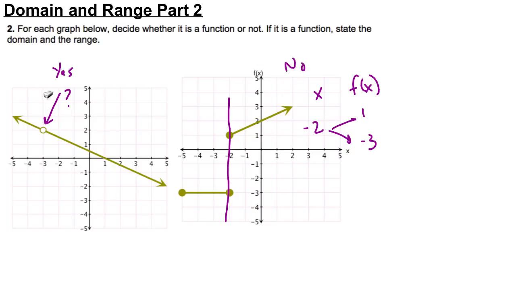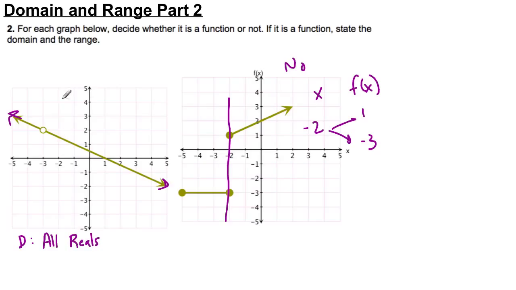Okay, so let's come back to this first one here, and we'll write out the domain and range. First of all, the domain. Notice that we have arrows on both ends. So that means it's coming from -infinity and it goes to positive infinity. So we write that as all reals.